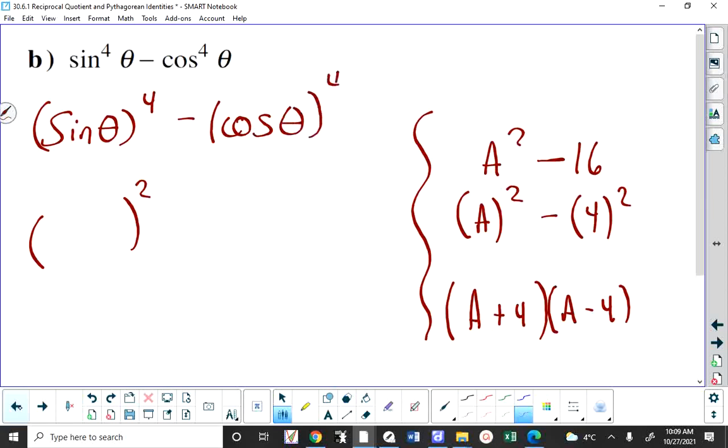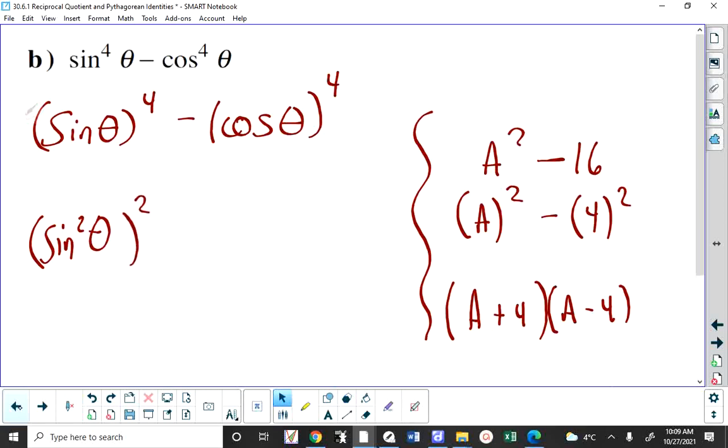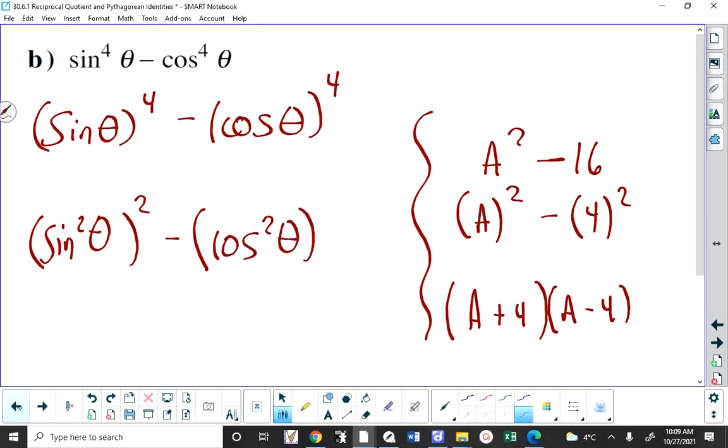And cos to the 4 of theta means that, right? So I think most of you are fine with having the exponent on the inner part where it's written. But that's what it means. So this becomes sine squared of theta squared minus the same logic we could use for cos to the 4 of theta, or cos of theta quantity to the 4, is that we would have to square cos of theta to get cos to the 4 of theta.